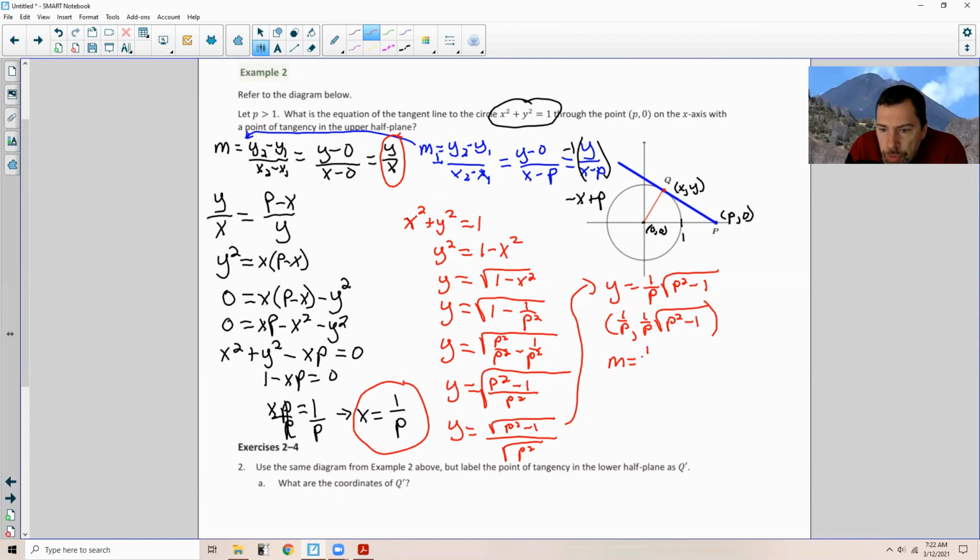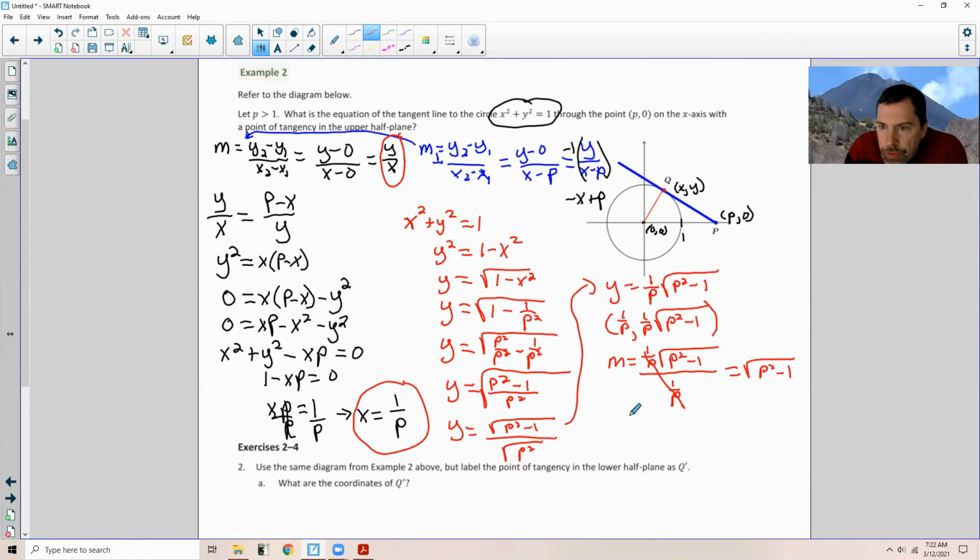Here's my y. So it's 1 over P square root of p squared minus 1 divided by x, which is 1 over p. Okay? And then when you divide by a fraction, you multiply by its reciprocal, these would cancel. So the slope is the square root of p squared minus 1.